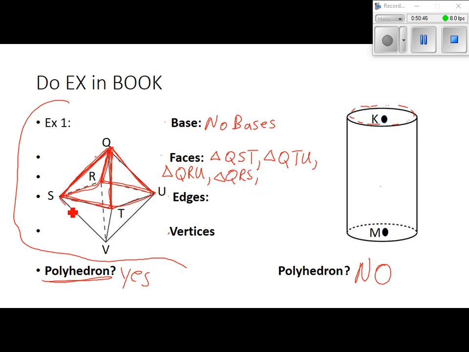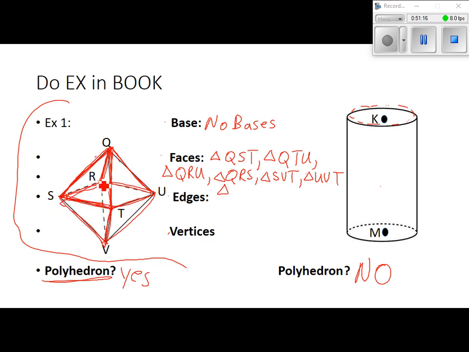And then we'll start on the bottom, SVT, triangle SVT. Then this one over here, triangle UVT. Then go to the back side back here. Oh, did I forget a letter?